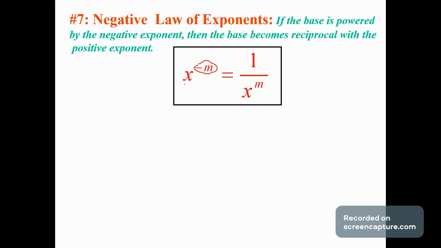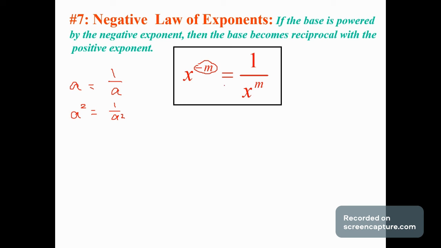So the reciprocal of a, as an example here, is 1 over a, right? And if we have a squared, the reciprocal of a squared is 1 over a squared. That is the reciprocal.